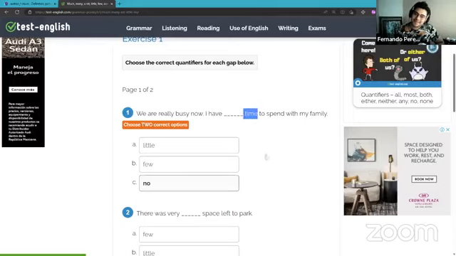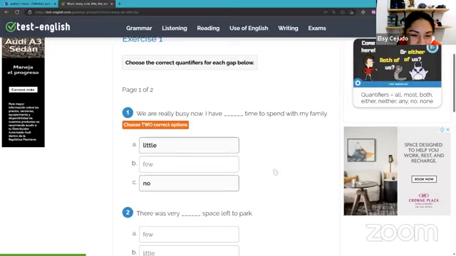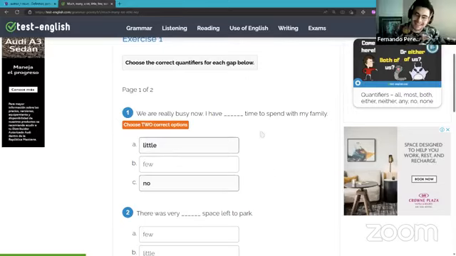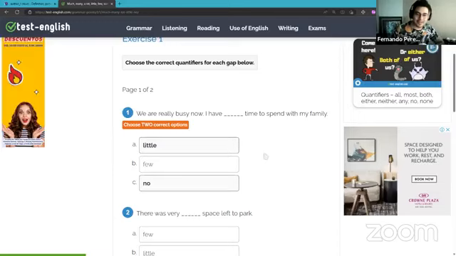So the correct one is little. I know, this is tricky. Remember, little is for uncountable, few is for countable. Few cups, few cell phones, few moments, but little time, little coffee, little sugar.